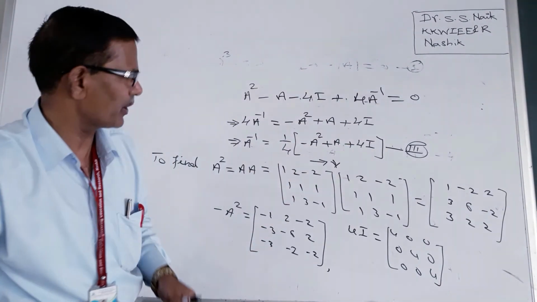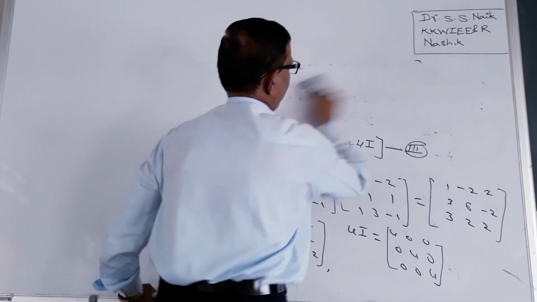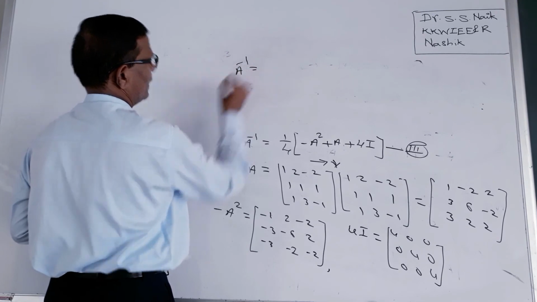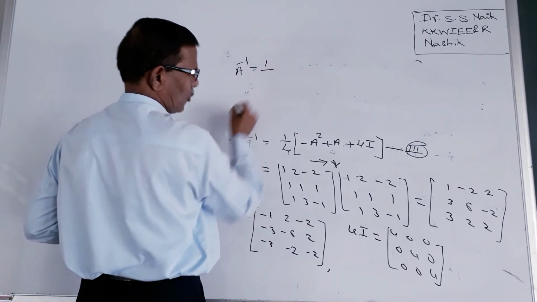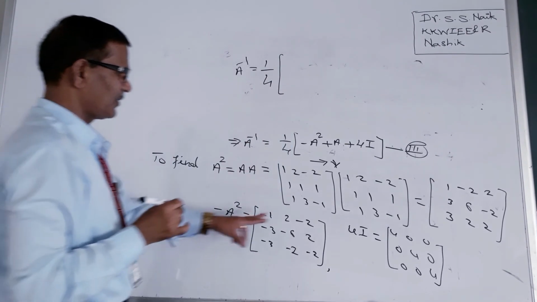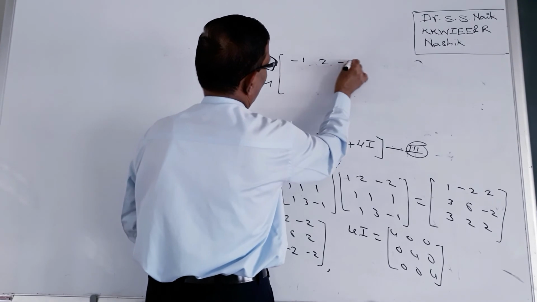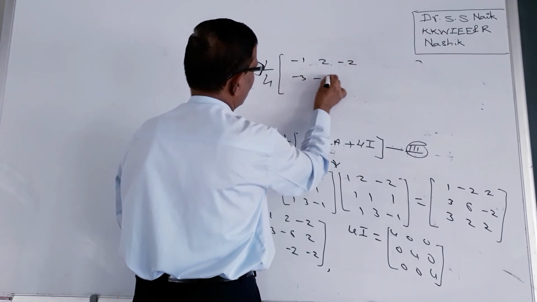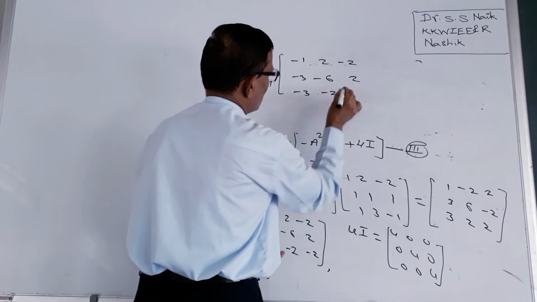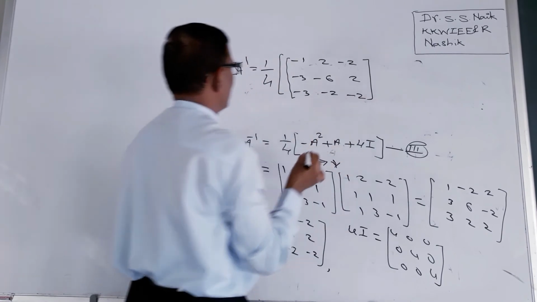Then you get what we call A inverse, and that A inverse is given by 1/4 of this matrix, that is minus A square, which is minus 1, 2, minus 2, minus 3, minus 6, 2, then minus 3, minus 2, minus 2.